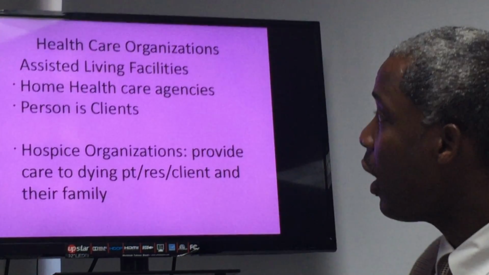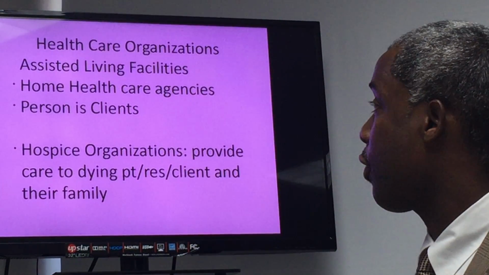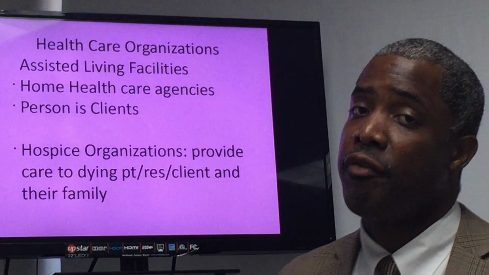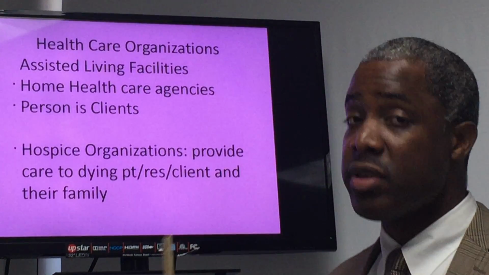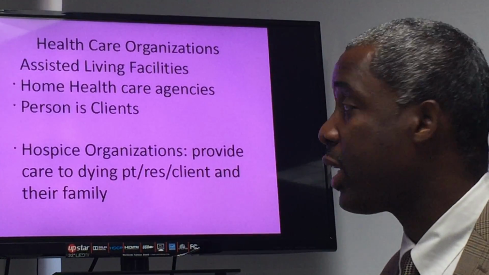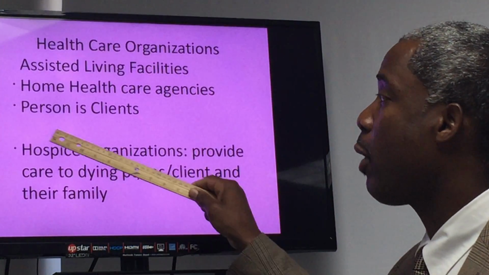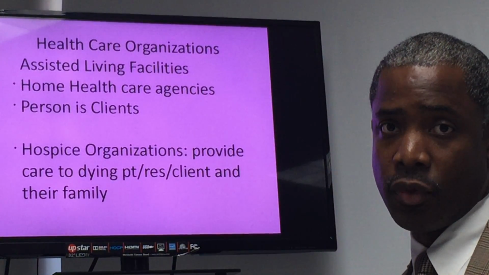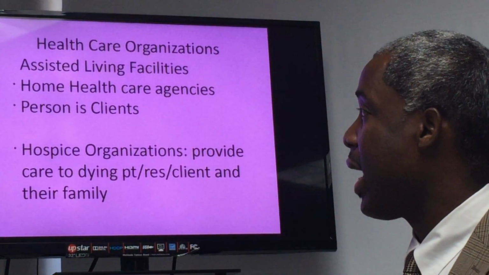So that's assisted living, and you also have the home health care agencies. These are for the patients that decide, you know what, I want to stay home and receive all my care at home. All right, and that's perfectly okay. In those two types of environment, the person is called a client. Okay, not a patient, not a resident, but a client.